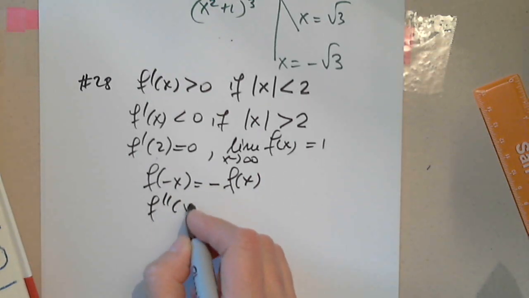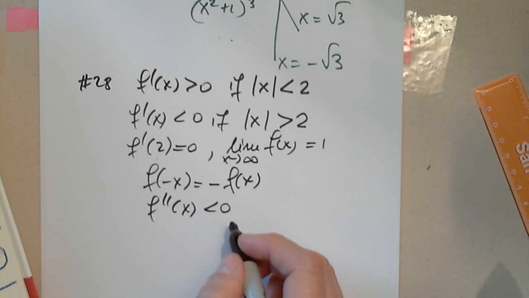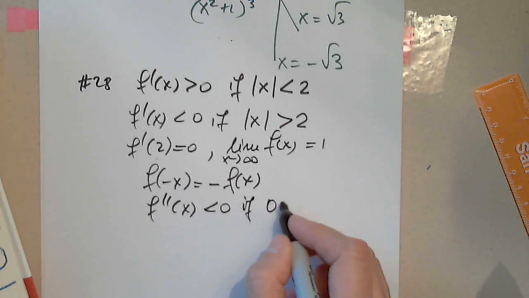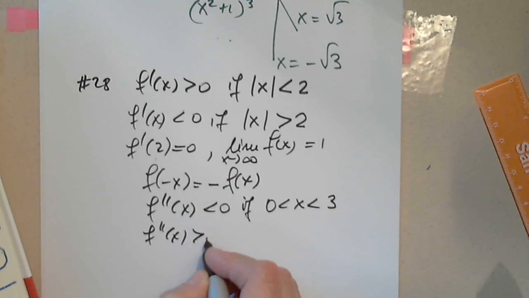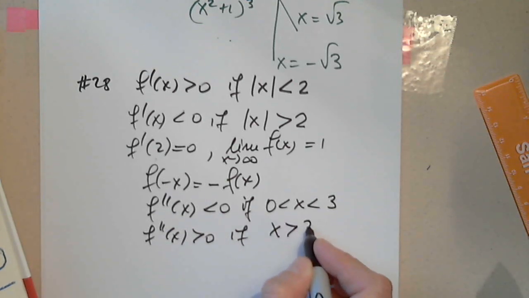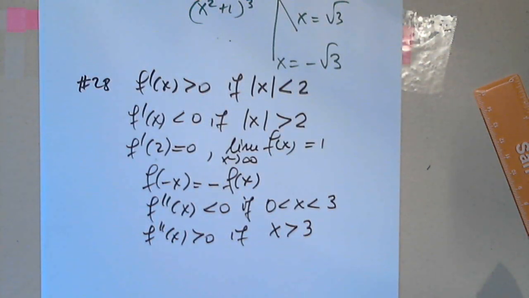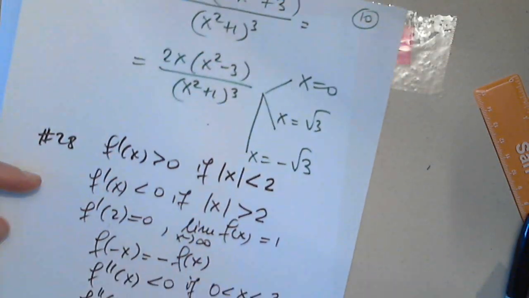The second derivative is less than 0 if 0 is less than x less than 3, and the second derivative is greater than 0 if x is greater than 3. Okay, a lot of information.